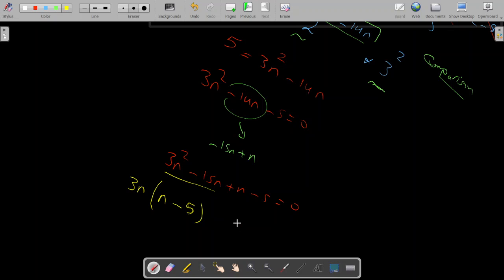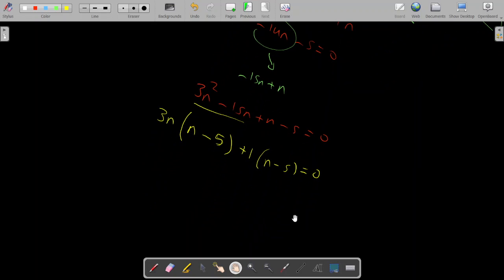And here we have plus 1, open bracket, n minus 5 equals 0. Okay, so you see the logic. Now we're gonna factorize using the brackets. We're gonna use this to factorize. So we say that n minus 5 multiplied in what? Multiplied in 3n plus 1. Okay, so that equals 0.